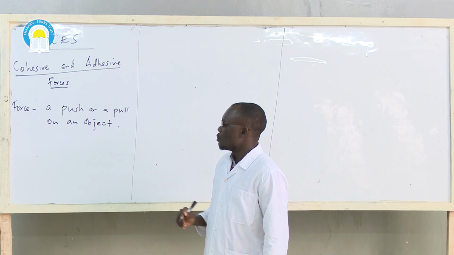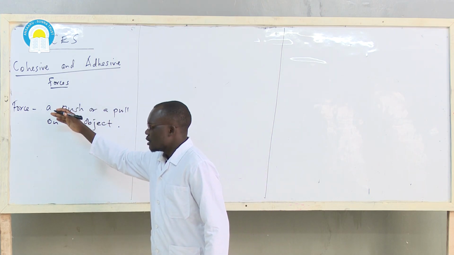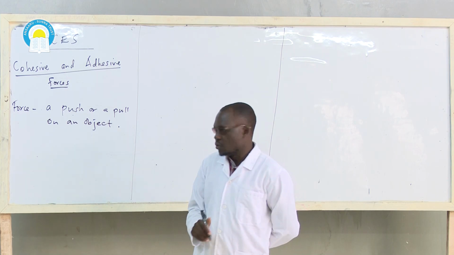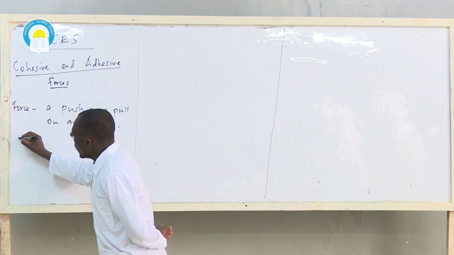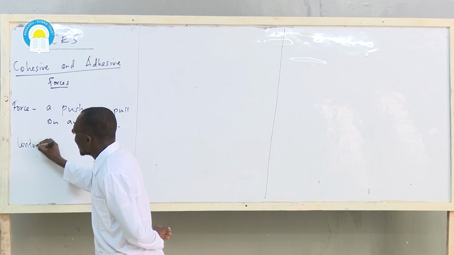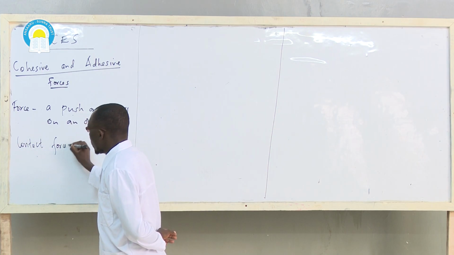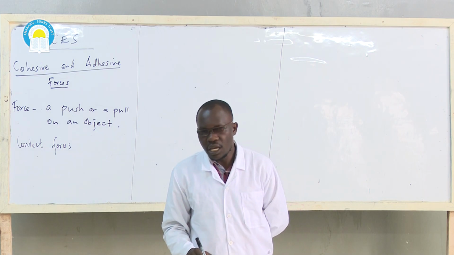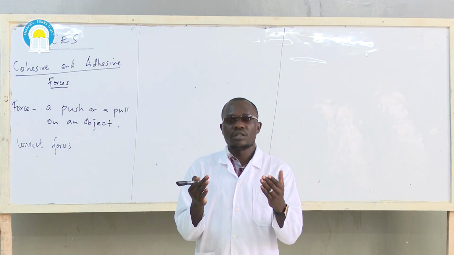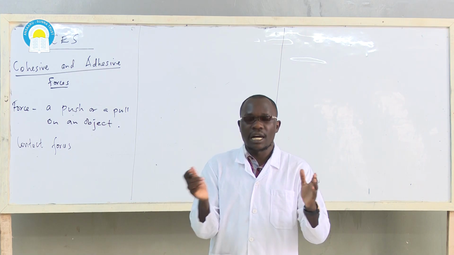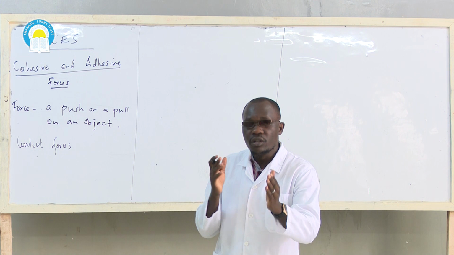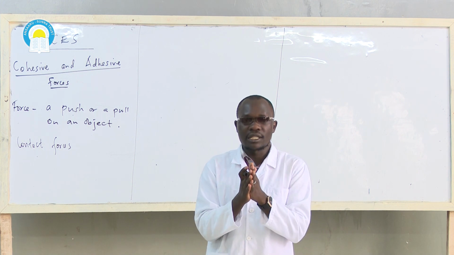Now, we learned that forces are categorized into two. We have those forces we call contact forces. And we said these are forces which act when two bodies are in contact with each other. These are pushes and pulls on objects in contact.